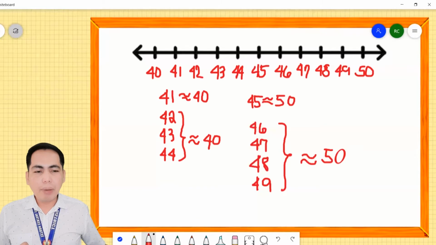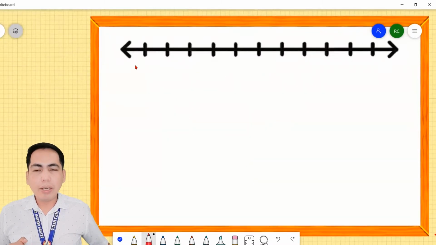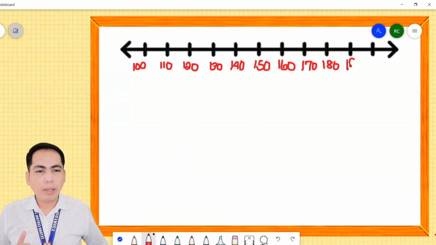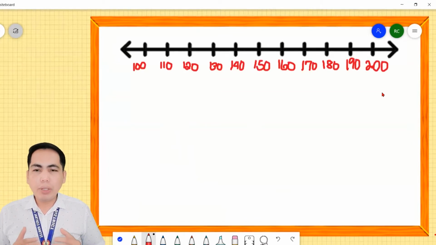Now, let's have another example. So what if our number line shows the numbers 100, 110, 120, 130, 140, 150, 160, 170, 180, 190, and 200. So in this case, we are rounding off the numbers to the nearest 100.